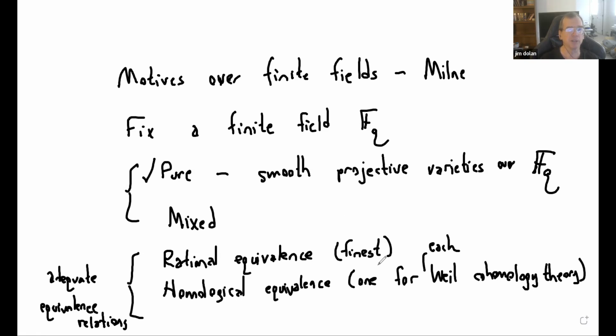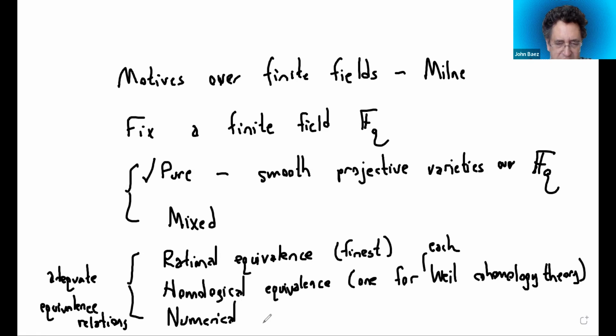I don't know. There's tons of stuff that's not known that's conjectured, some of which I'll allude to. Don't expect that means I actually understand it; it's just stuff I've heard. And then at the bottom, the coarsest one, which is the one we're actually going to use, is called numerical equivalence.